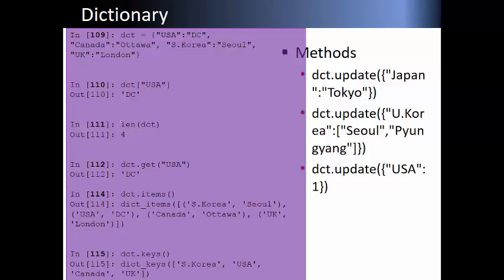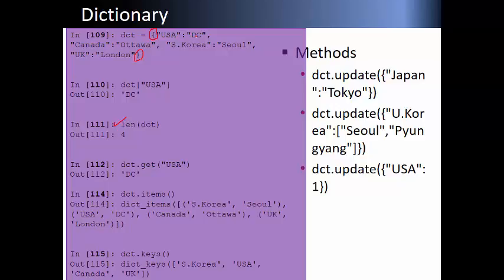Len, that is a built-in function that still works. By the way, a dictionary can be defined as a list of pairs in curly braces, like this.